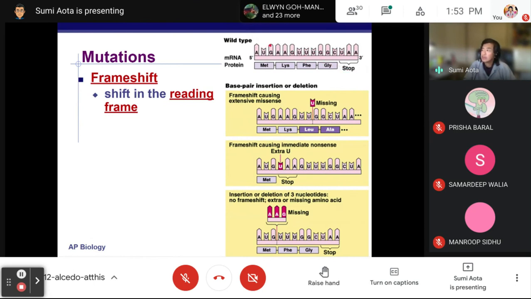So the reading frame in the top sequence is AUG, AAG, UUU, UGC, UAA. So the reading frames are broken up into triplets. Okay. But if one of these bases is either added or deleted, then from the point where that change occurs, the rest of the enzyme will be affected.